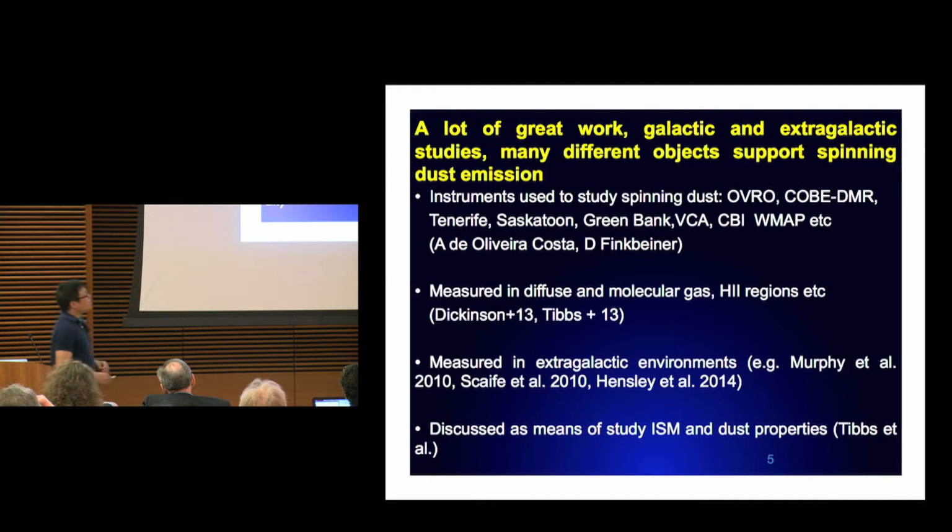Right after the model by Draine and Lazarian, a lot of observations were made, in particular by Angela Rodeo-Verrecosta and Doug Finkbeiner. They made very numerous observations, and all observations support the idea of spinning dust emission. And recently, there are many more observations in different environments.